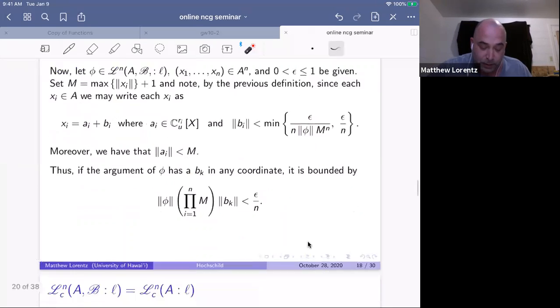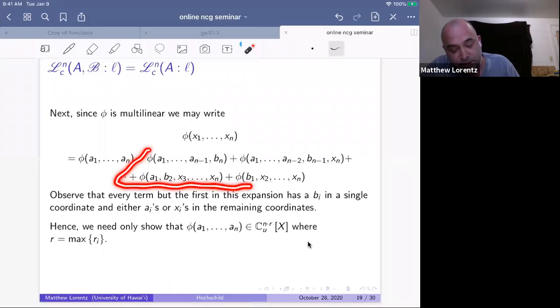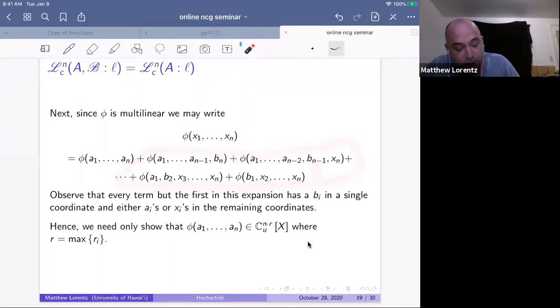So then, using that phi is multilinear, we can break phi into a sum where our first term has nothing but finite propagation arguments in the coordinates. And then the rest of these all have b's in one of the coordinates. So the rest of those will add up to having a norm less than epsilon.